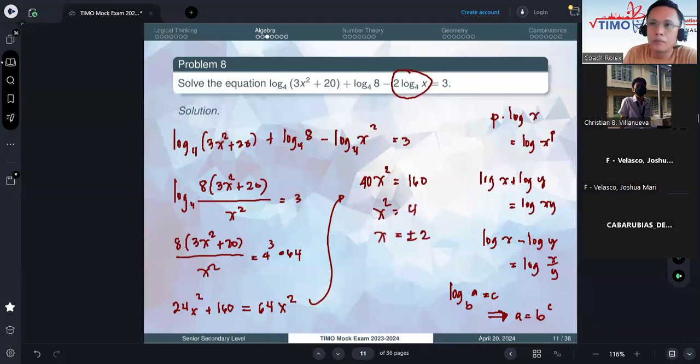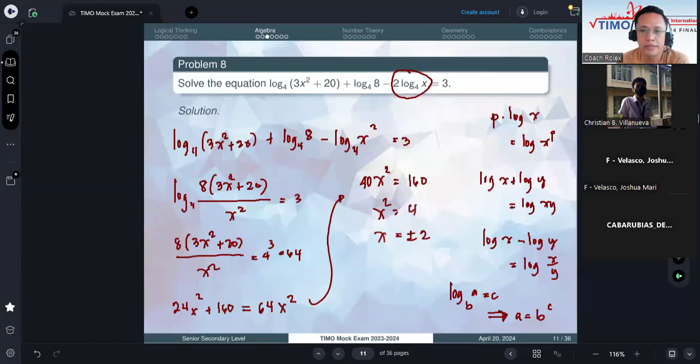Now, this is one thing that you should be careful with logarithms, because you will have possible answers, but not all your possible answers can be the final answer. Take note that when it comes to logarithms, we cannot have log of a negative number. So here we solve for x is equal to plus and negative 2.